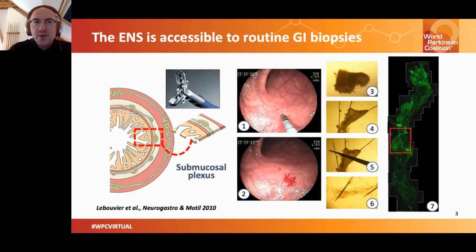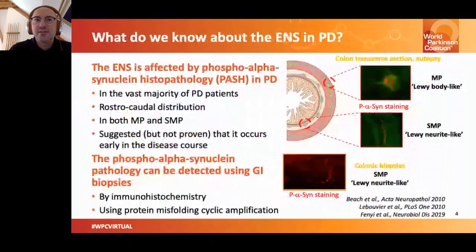So, what is our current knowledge on the ENS in Parkinson's disease? Using phosphoalpha-synuclein immunostaining, it has been shown that the presence of phosphoalpha-synuclein histopathology, that we will call PASH for the rest of the talk, in the gut was more frequent and more widespread than initially realized. PASH is found in a large proportion of PD patients with rostrocaudal distribution, the lesions being more dense and more severe in the upper GI tract than in the colon and in the rectum.